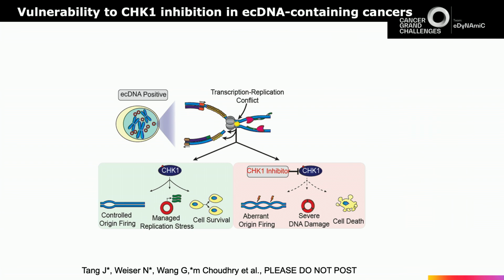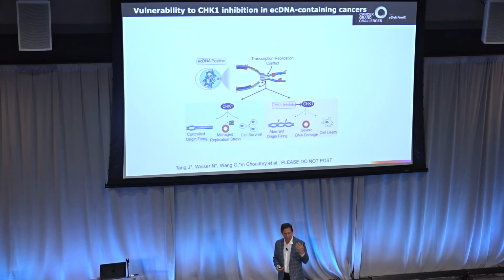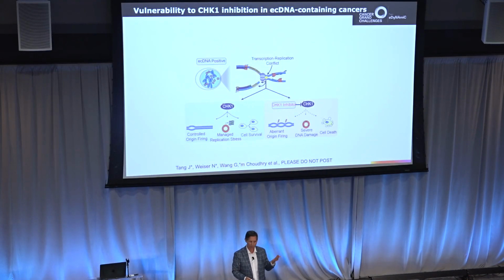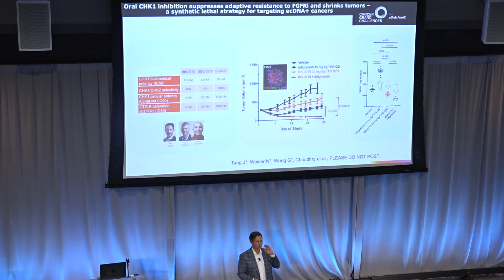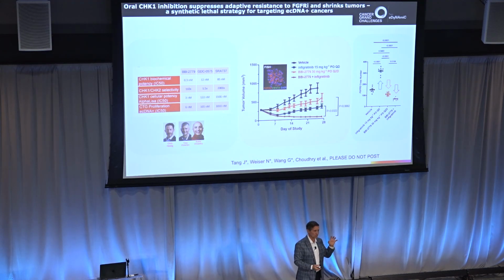They'll go into that and you'll start getting DNA damage and cell death in the ecDNA containing cells, preferentially to the chromosomal. So then we realized that there was an opportunity to do something really interesting. Boundless had developed oral CHEK1 inhibitors, and these are the data using a highly bioavailable oral CHEK1 inhibitor.